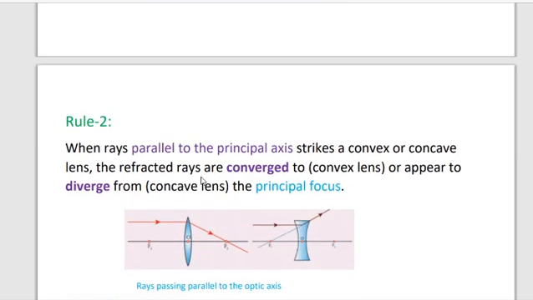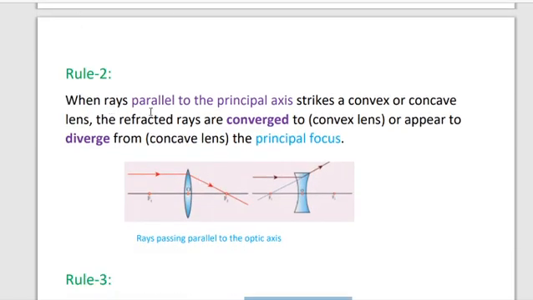Then we go to rule number 2. When rays are parallel to the principal axis, see the diagram, this red color ray is parallel to the principal axis. This is the principal axis. Then it strikes a convex lens, the refracted rays are converged, focused at f2.